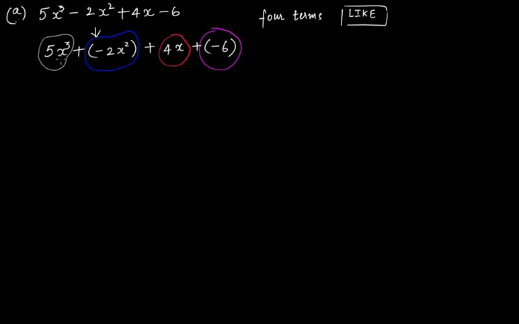This is x cubed. So are this x cubed and minus 2x squared like terms? You will say that they contain x and x. No, this is x cubed and this is x squared.